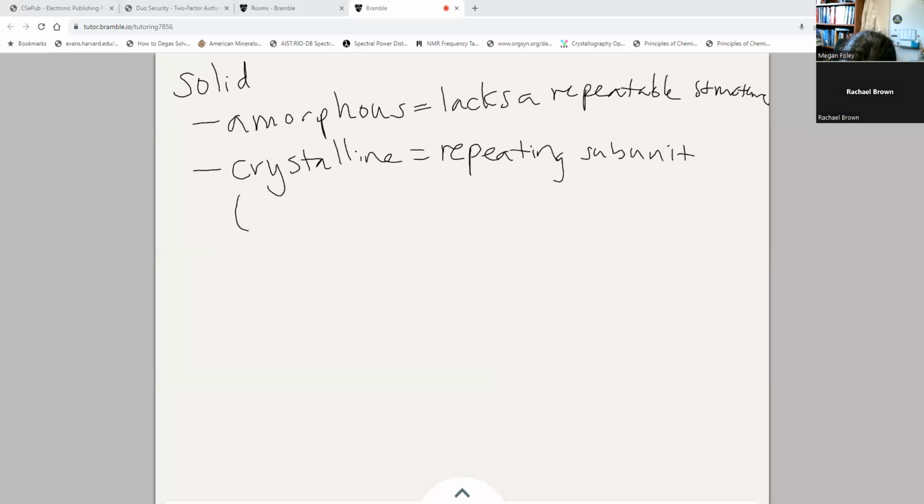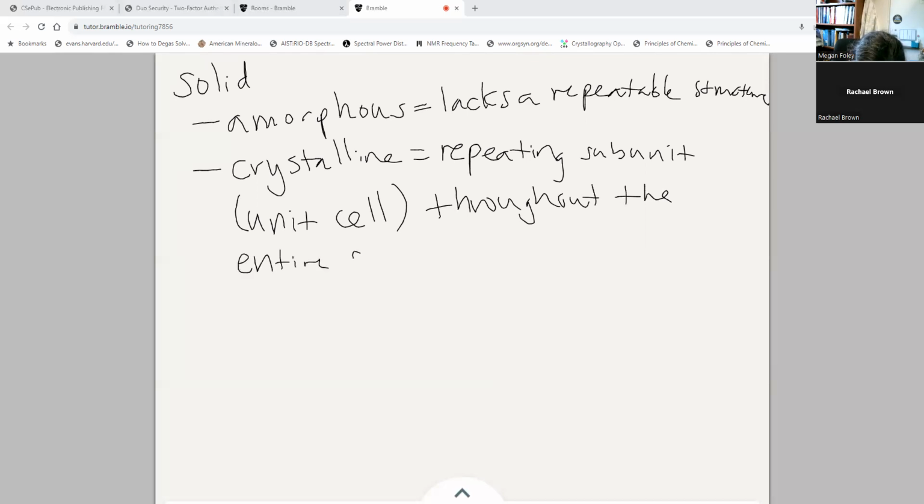Which we call a unit cell. And it's throughout the entire solid. So this one unit cell is repeated over and over again in all three dimensions. An example of an amorphous solid versus a crystalline solid, cotton candy would be an amorphous solid.